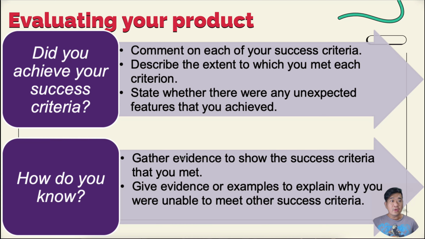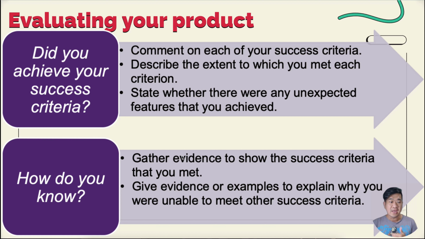Now, when you are evaluating your product, what do you achieve for your success criteria? Look into the success criteria that you created for the last criterion. How are you going to meet them? Are there expectations that you are unable to accomplish?